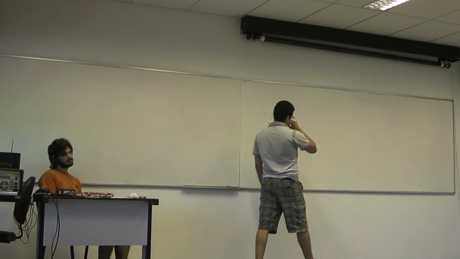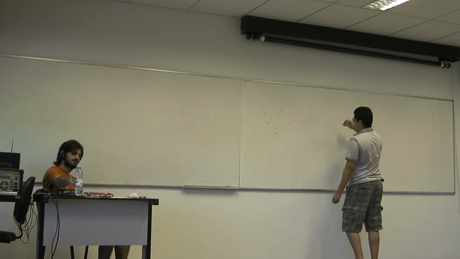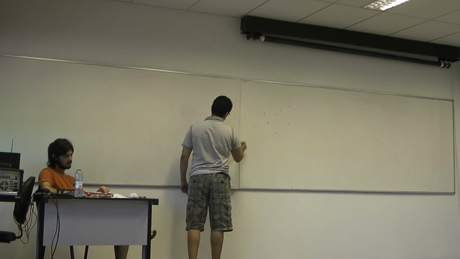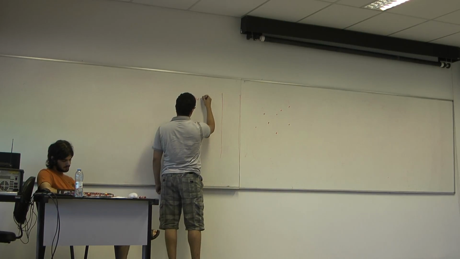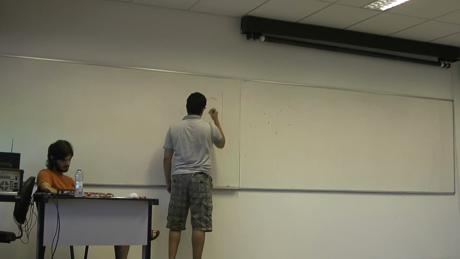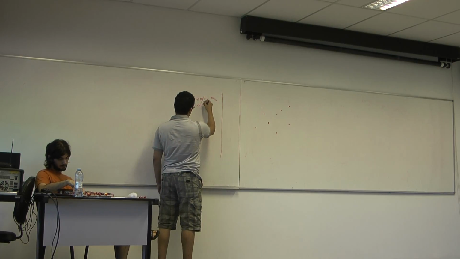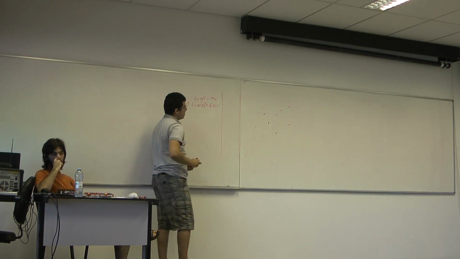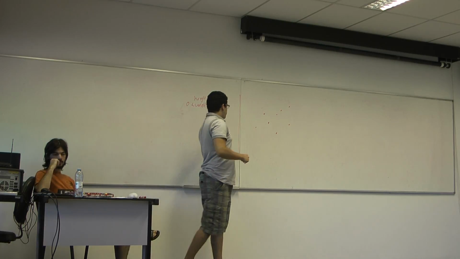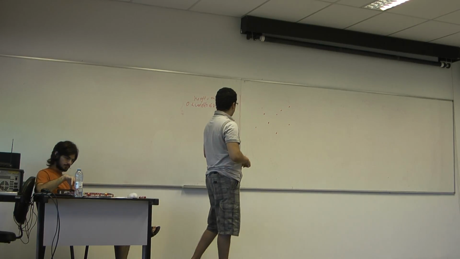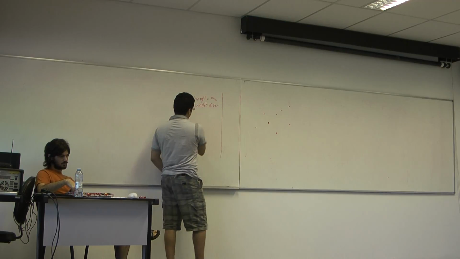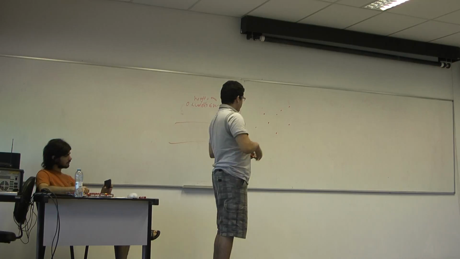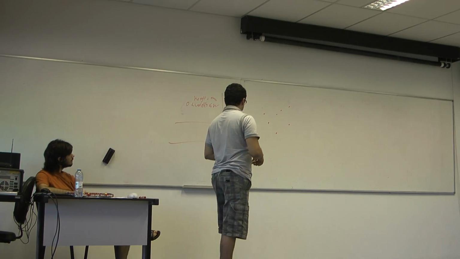I have two kinds of rectangles, like this and like this, where the height is infinity for one and the width is infinity for the other, and they are parallel to the x and y axes. I have to know how many different subsets I can cover.